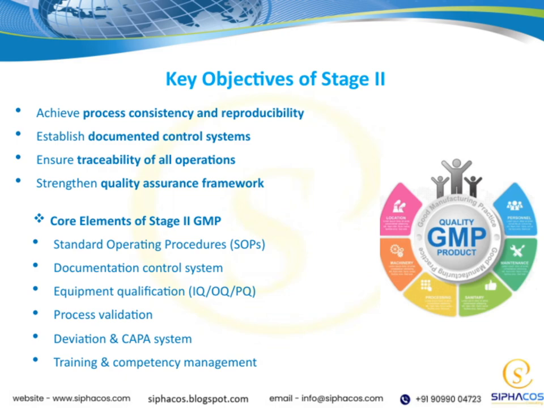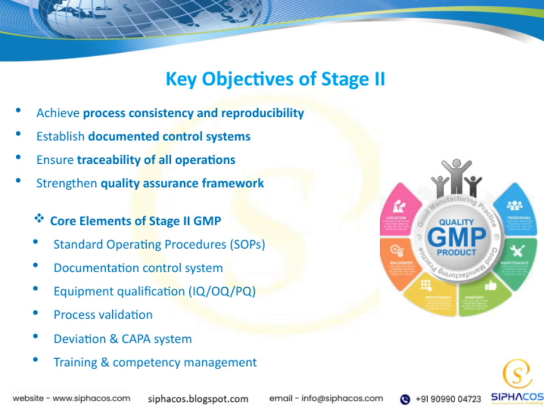Now, let's take a closer look at the core elements of stage II GMP. First, we have standard operating procedures, or SOPs. These are essential for ensuring everyone knows exactly how to perform each task consistently and correctly. Next is the documentation control system, which helps us manage and keep track of all records, ensuring nothing gets lost or overlooked. Equipment qualification, including IQ, OQ, and PQ, is crucial to verify that our equipment is installed correctly, operates as intended, and performs reliably over time.